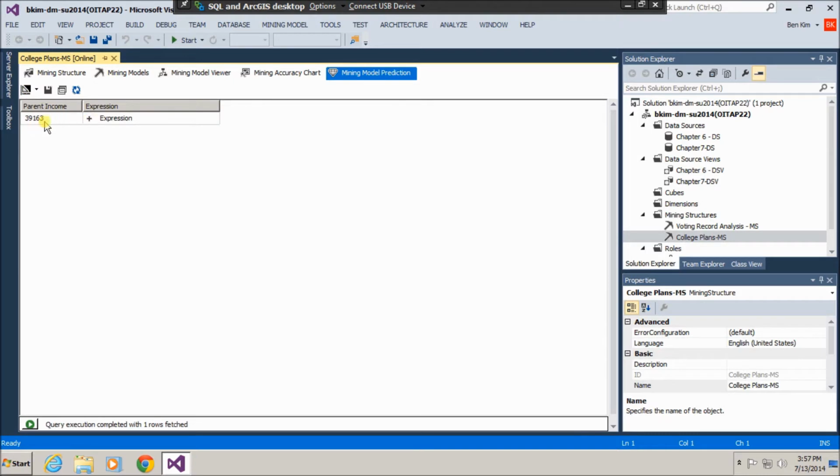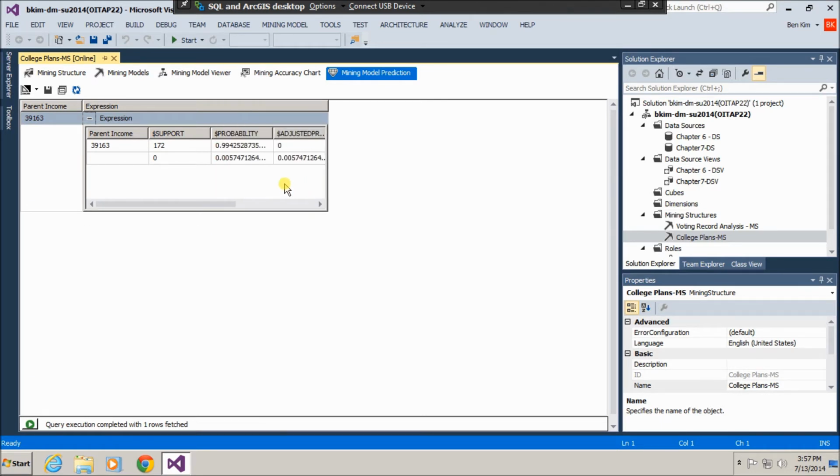So that student's parent probably makes $39,163, and the probability is about 99%, so pretty accurate.